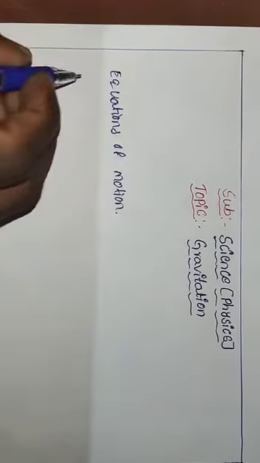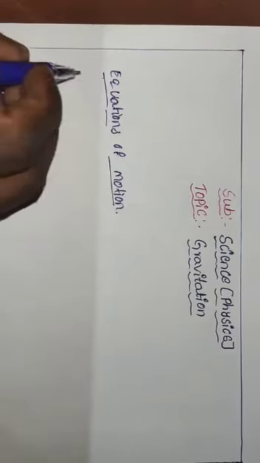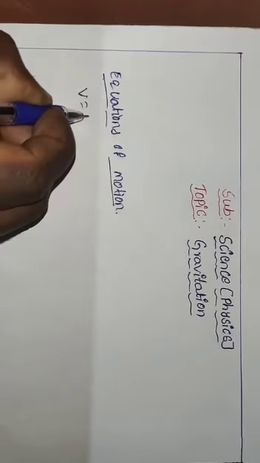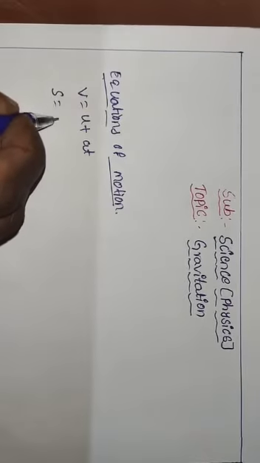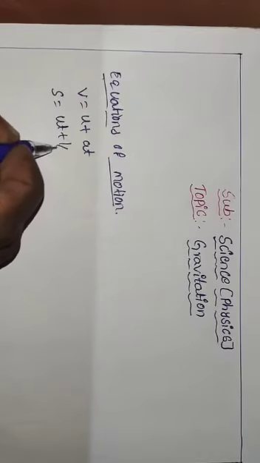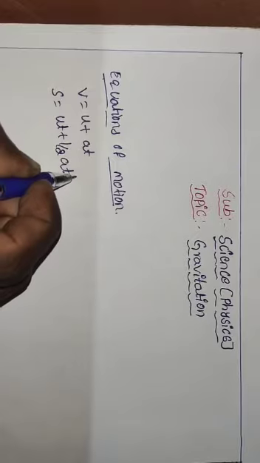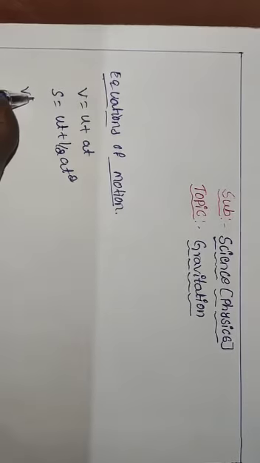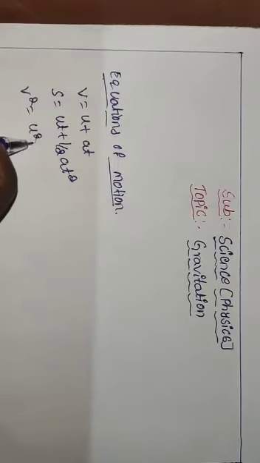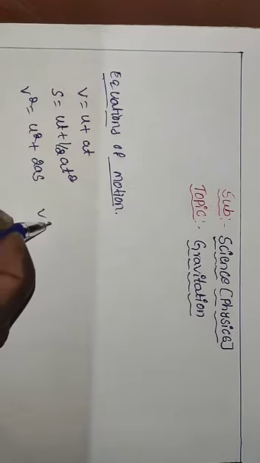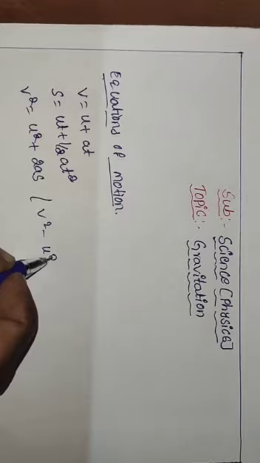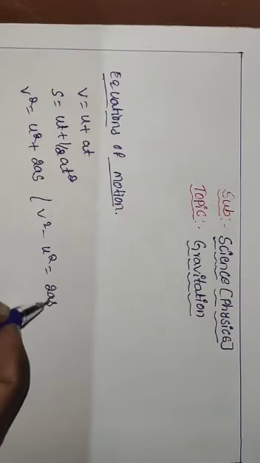The equations of motion we already learned in the previous chapter: v is equal to u plus at, then s is equal to ut plus half at square, and then v square is equal to u square plus 2as, or we can write it as v square minus u square is equal to 2as also.